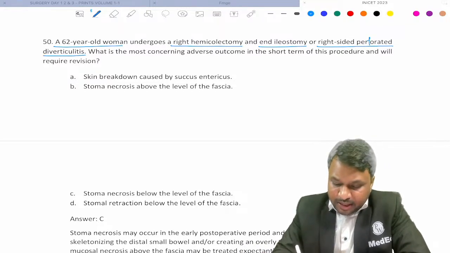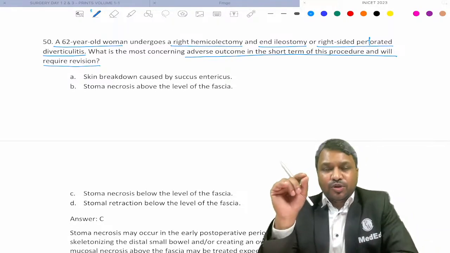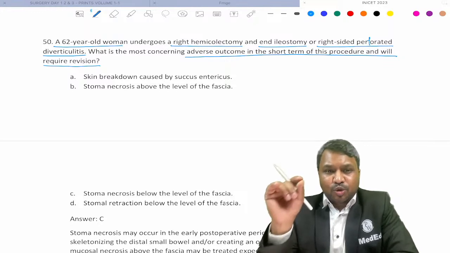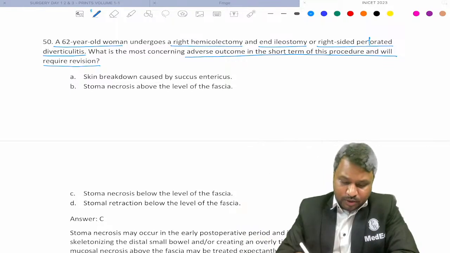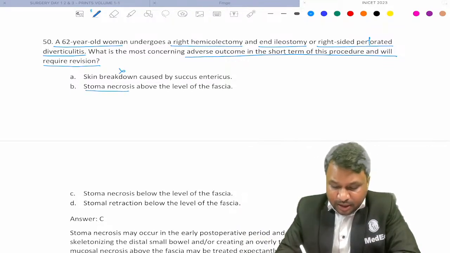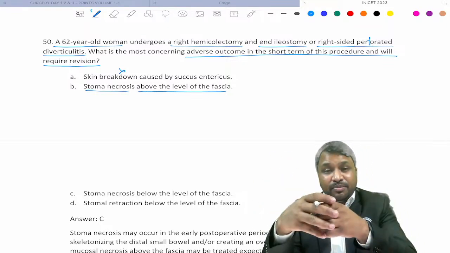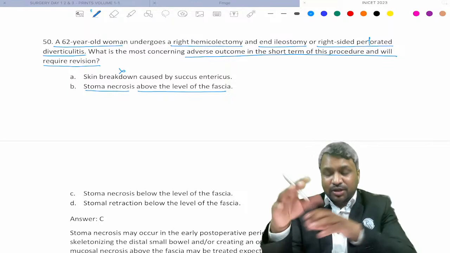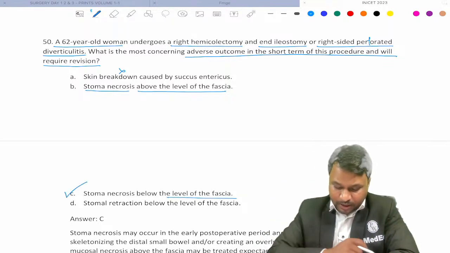What is the most concerning adverse outcome in the short term for this procedure that will require a revision? Remember, the most dreadful complication is stoma necrosis, right? And that stoma necrosis will require a revision procedure. It is not the skin breakdown. Stoma necrosis above the level of fascia, no. It is always below the level of fascia, because the fascia compresses and the vascularity below the level of fascia will decrease. So, stoma necrosis below the level of fascia will require revision.